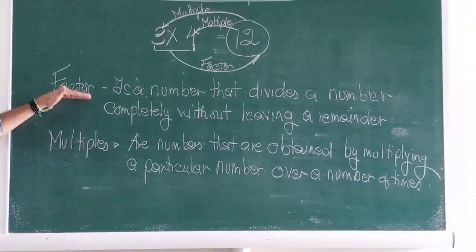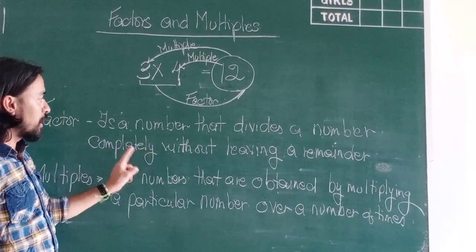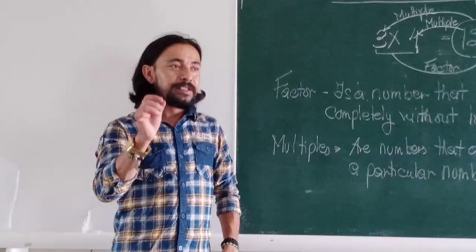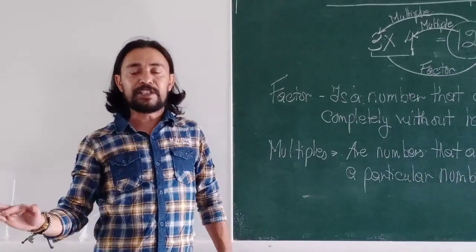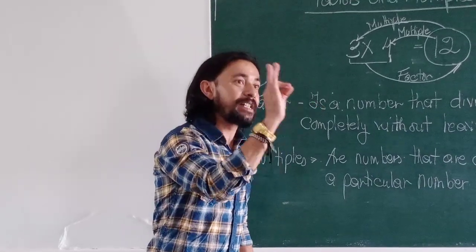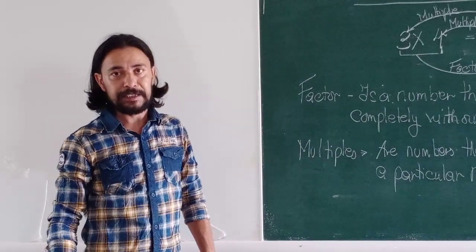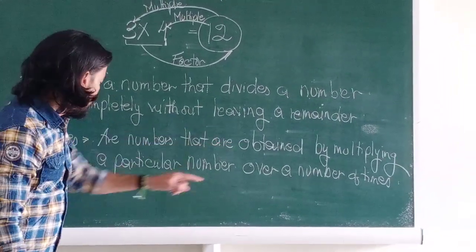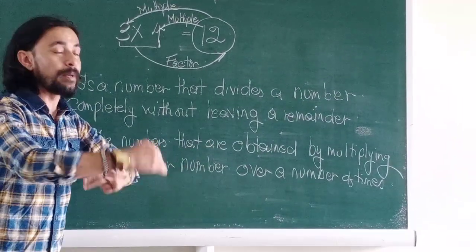So once again, a factor is a number that divides a number completely without leaving a remainder. Any number that divides a particular number completely without leaving a remainder becomes a factor of that particular number that you are dividing. But multiples are numbers that are obtained by multiplying a particular number over a number of times.